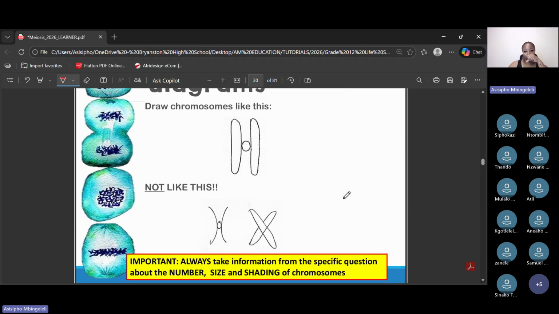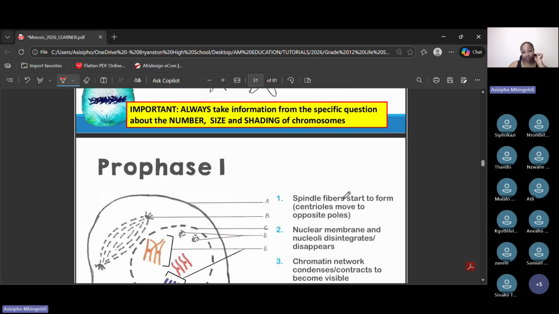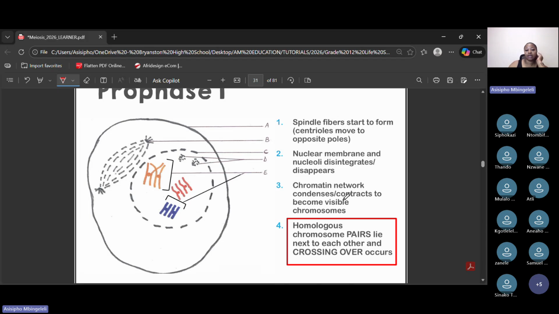This is very important. Let's look at prophase 1. I want us to keep track. I think I did it nicely last week because we're able to compare what is happening, and you would be able to see more than one phase on the screen, but we can't do that this time around. I'm only able to show one phase at a time.